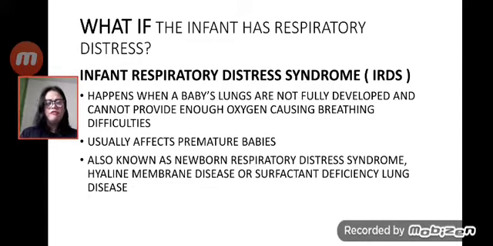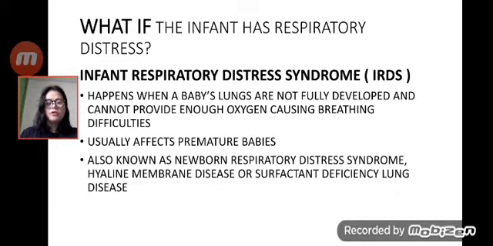Now, what if the infant has respiratory distress? When we say infant respiratory distress syndrome, or IRDS, this happens when a baby's lungs are not fully developed and cannot provide enough oxygen, causing breathing difficulties. Usually, this affects premature babies.